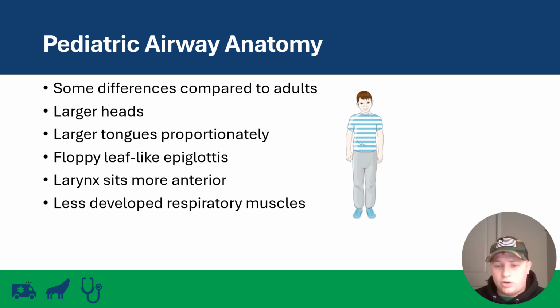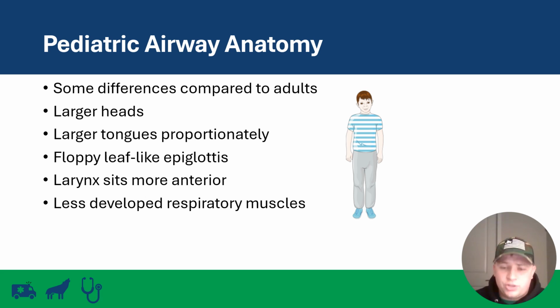Their tongues are relatively larger compared to their oral cavity, so they're more likely to become obstructed from their tongue. Their epiglottis is more floppy and leaf-like. So when we try to intubate them with a laryngoscope, we can't engage the epiglottis into the vallecula as easily as we can in an adult.